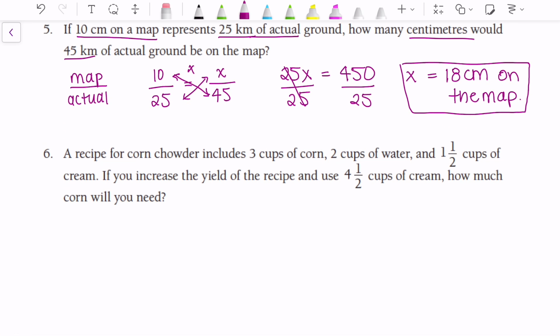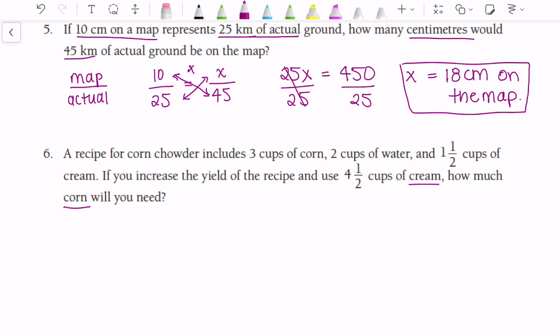A recipe for corn chowder includes 3 cups of corn, 2 cups of water, and 1.5 cups of cream. If you increase the yield of this recipe and use 4.5 cups of cream, how much corn will you need? All right, a little bit different of a question, but let's just break this down. First of all, we're talking about corn and we're talking about cream.